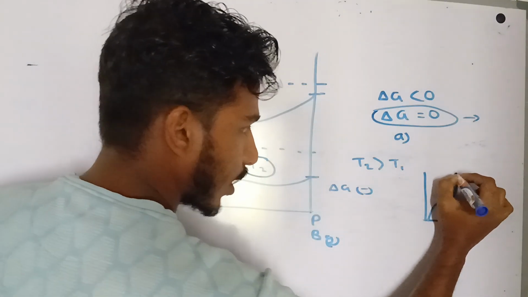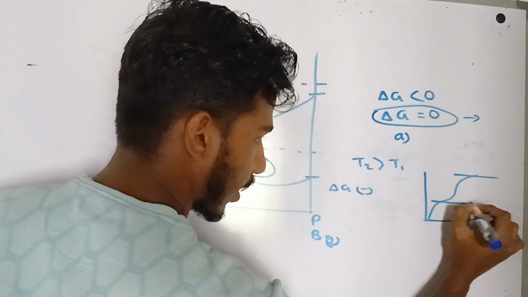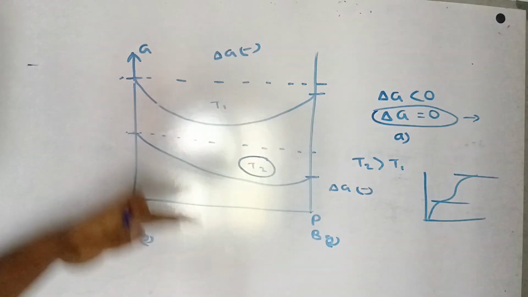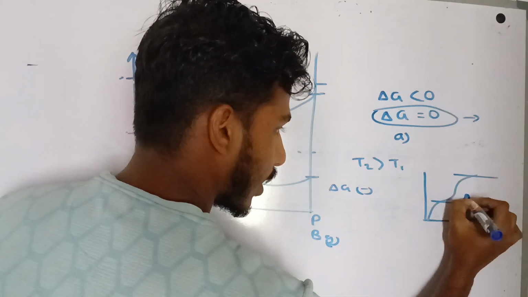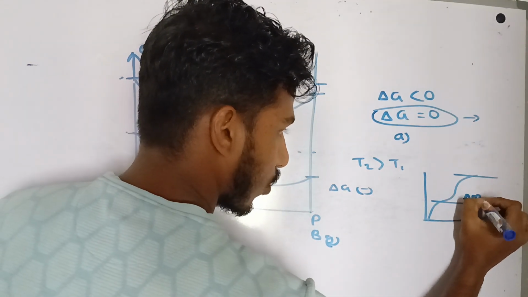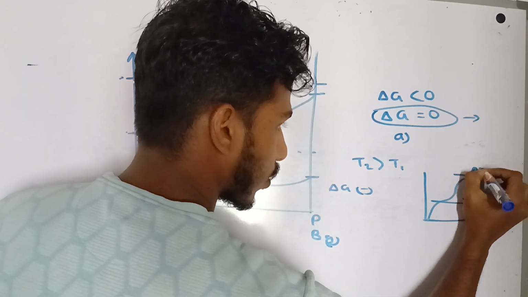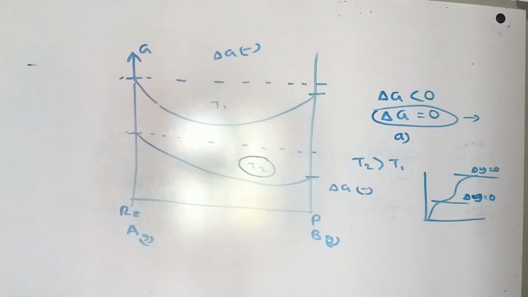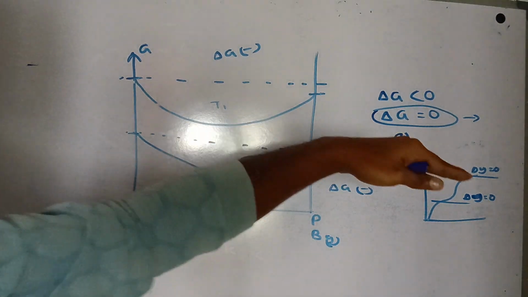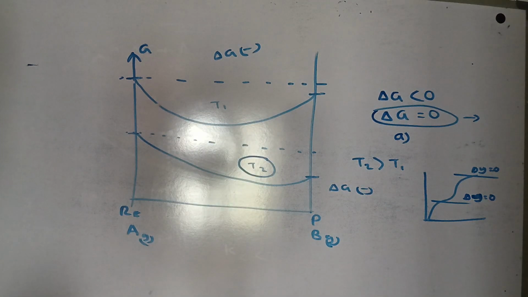The sections where the gradient is flat, the delta Y value is equal to 0. That's the thing you should understand. Whenever the gradient is flat, the delta Y value will be equal to 0.